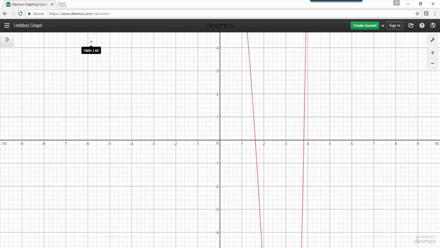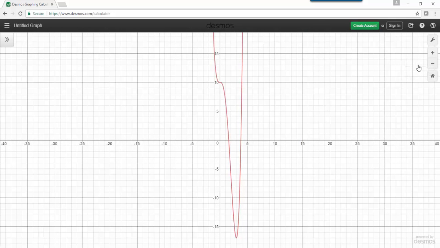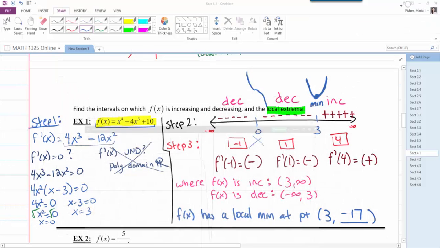And I notice here that my function is decreasing and then continues to decrease all the way till it gets to 3. And this minimum value is at 3 comma negative 17. And then it starts increasing again. So our function was, again, decreasing from negative infinity to 3, increasing from 3 to infinity, and has a local min at 3 comma negative 17.